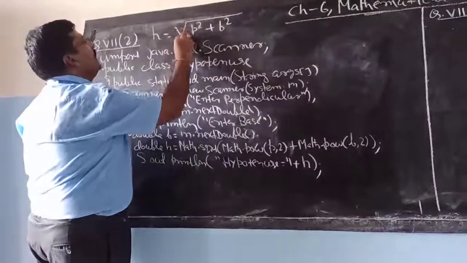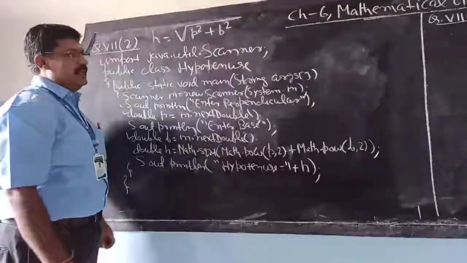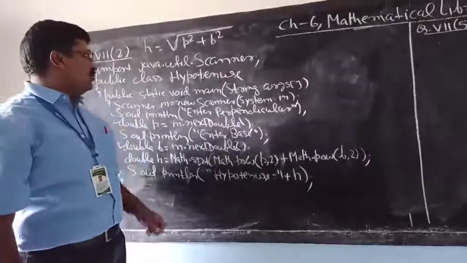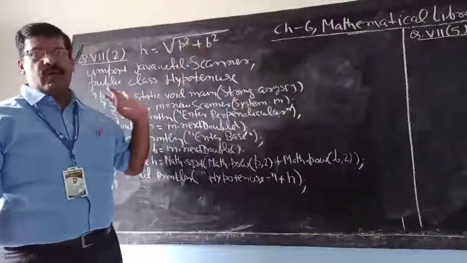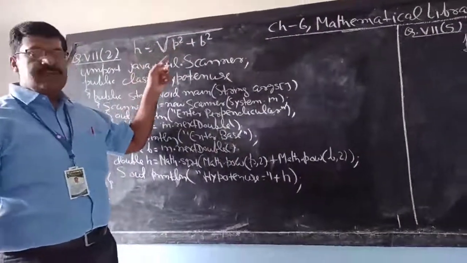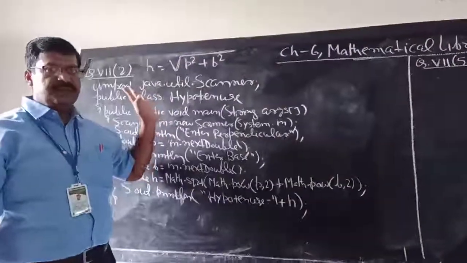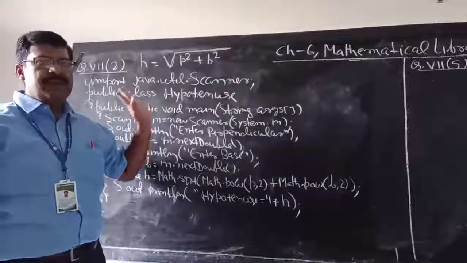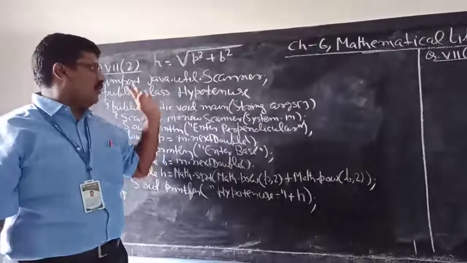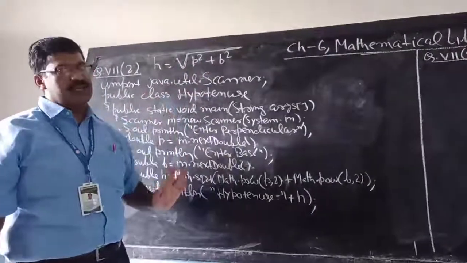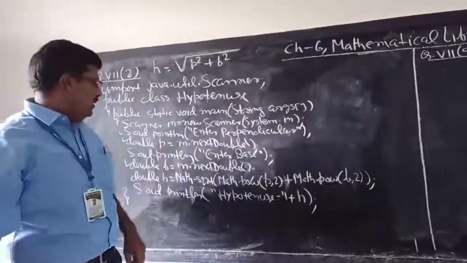Now we have to convert this mathematical formula into Java. The first part is the square root, so you can use the Math.sqrt function, and after that for p square and b square we use the Math.pow function, the power function.